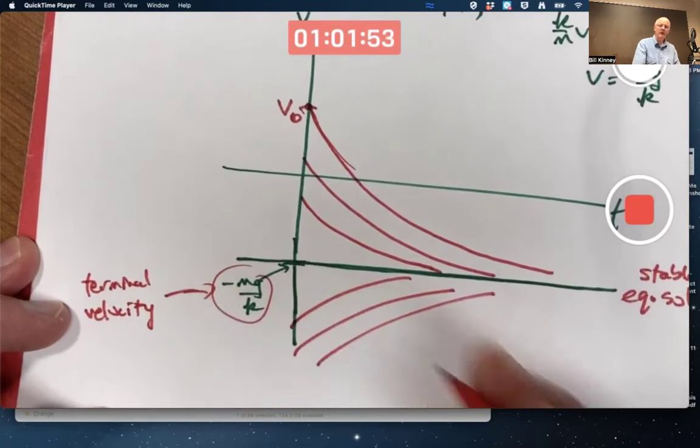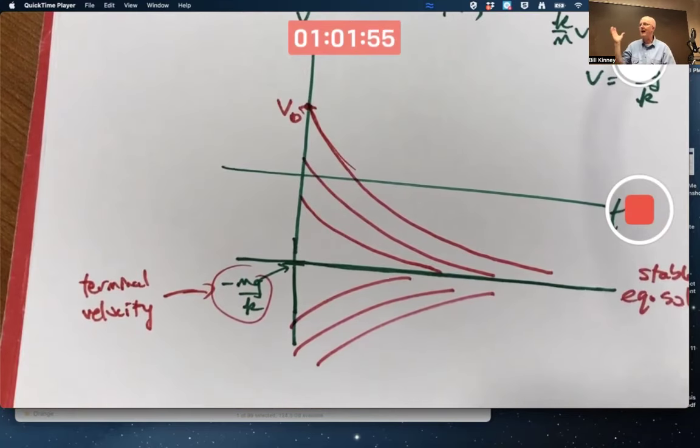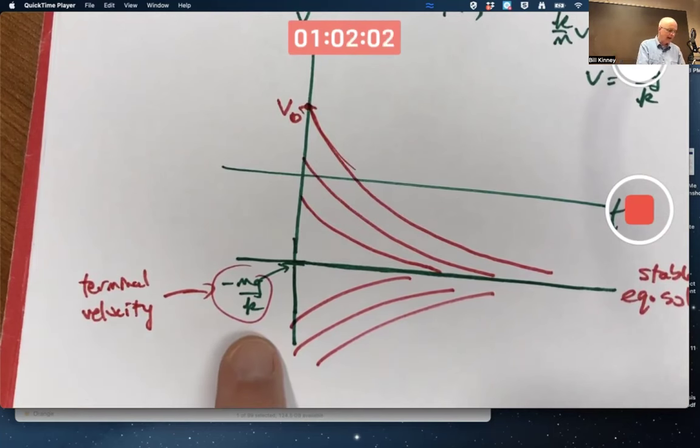Terminal velocity. What does it equal? It depends on whether you are dropping or throwing a rock versus a feather. For a rock, m is going to be relatively large and k is going to be relatively small. Not much air resistance. And this quantity is going to be a big negative quantity.